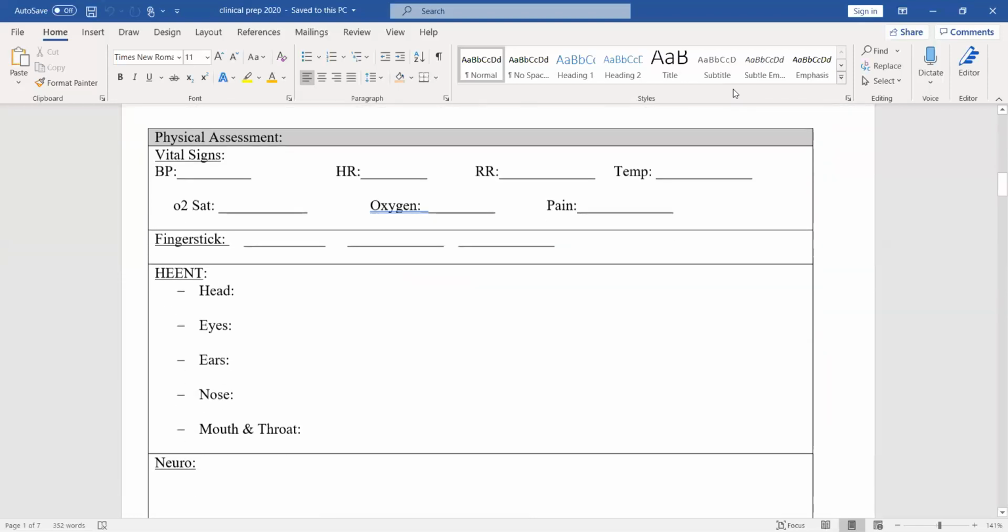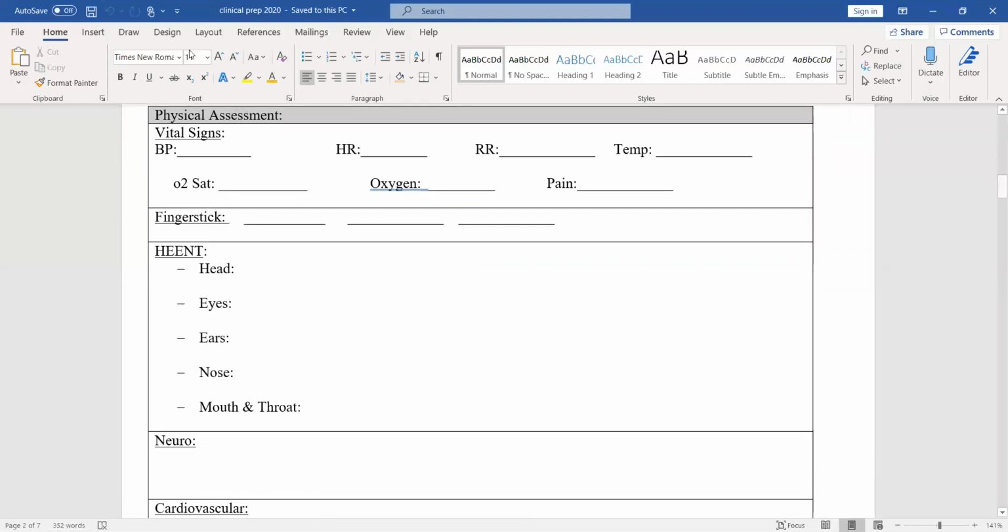Going to move on here to page 2 of the clinical prep. Something that might be helpful for you is to start filling these out prior to coming to clinical, just so that way you're not missing points for lack of units for your vital signs or specific sections of your head to toe physical assessment.